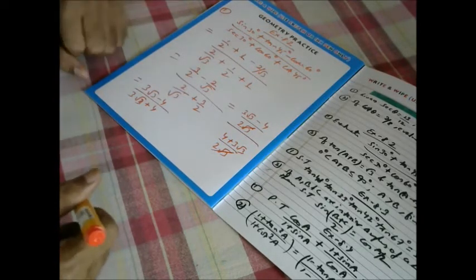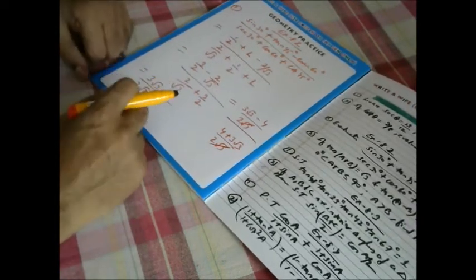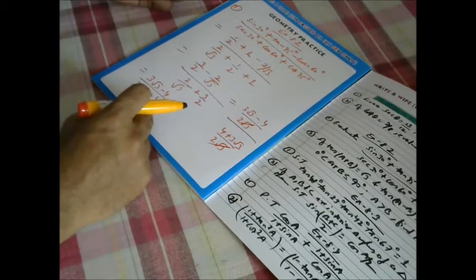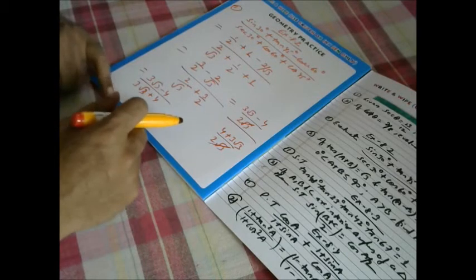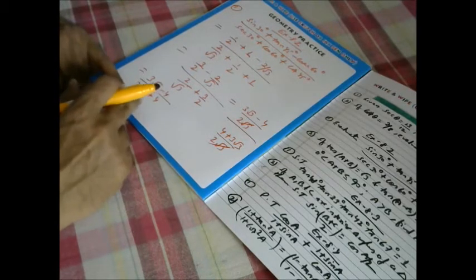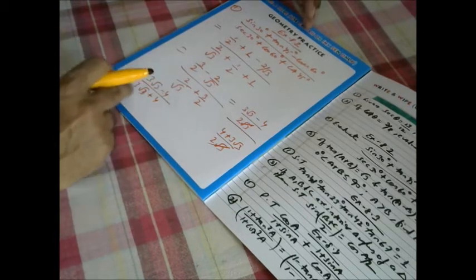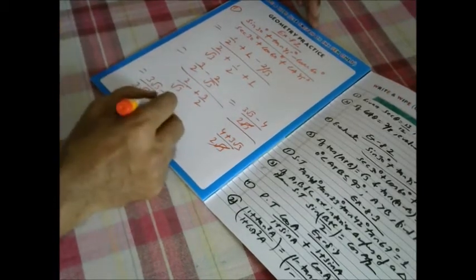Okay, so we can leave it like this also, or we can go for rationalization. Generally in the denominator part we do not keep a root, so we go for rationalization.